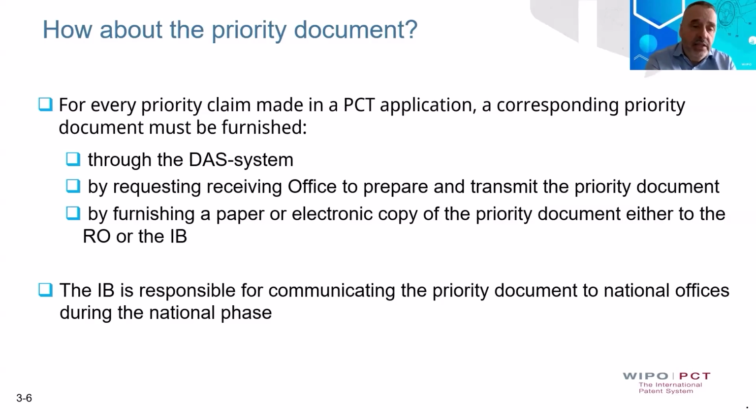Also, at least to a certain degree, as the system is able to recognize it, they will compare, is that a likely correct earlier application number? Does that fit with the information that we have on application numbers from the particular office that you claim that you filed your earlier application with? So the ePCT system will check various things and give you instantaneous feedback if there is a potential error with your priority claim. It will flag it, and then you can take another look and you can hopefully fix a problem.